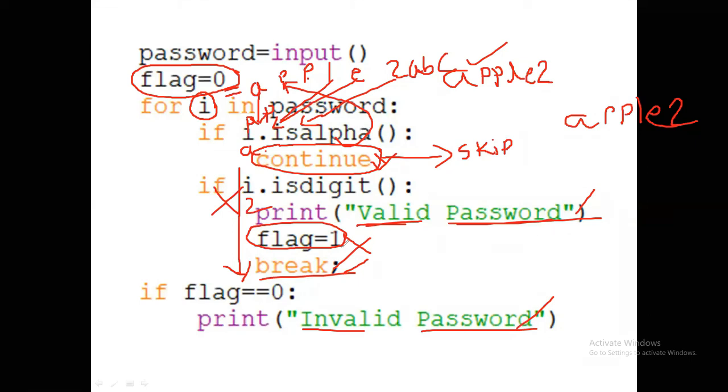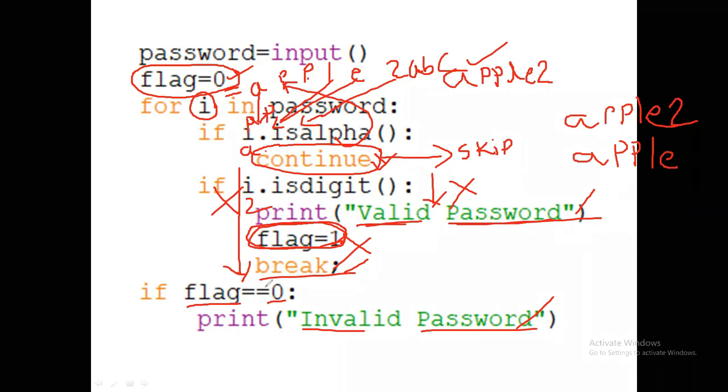So you write a flag and initialize it to 0. Whenever a digit is encountered, I set the value to 1, and after this you check whether the flag equals 0 or not. If I do not enter the block, the flag value remains 0, which means the string contains only alphabets.